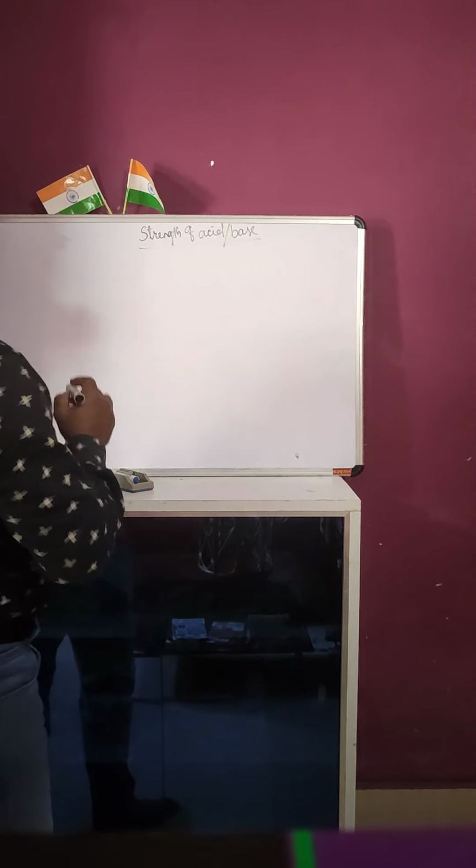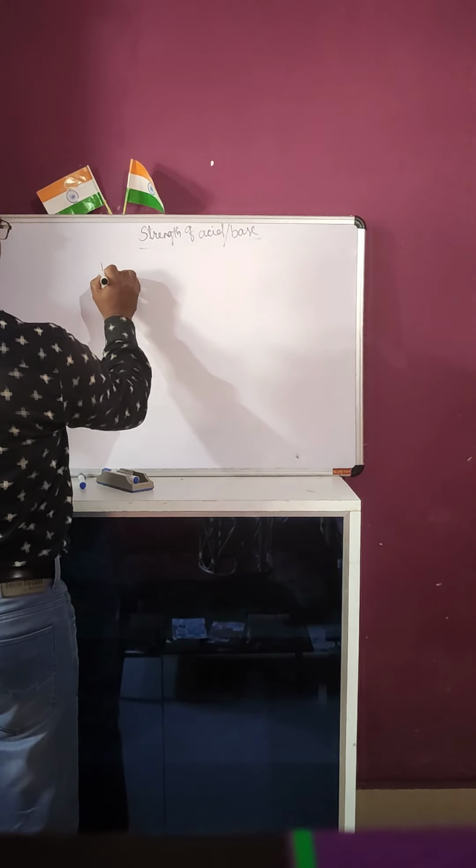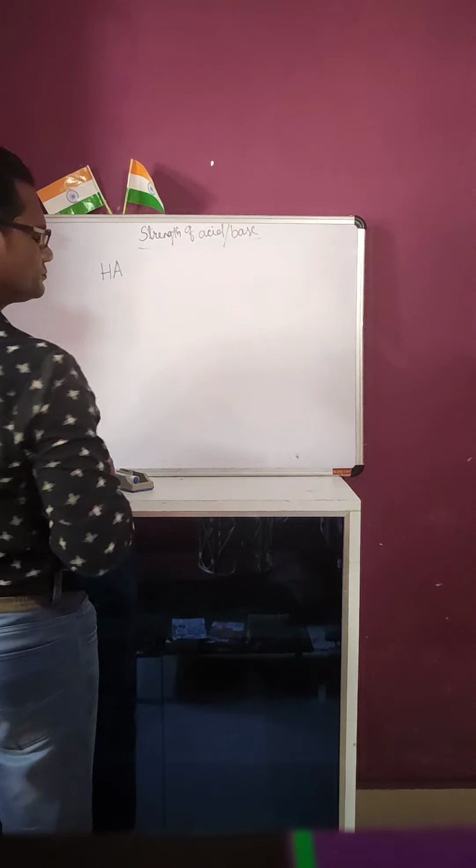Now what is ionization? The fraction of a molecule which gets ionized or formed into ions is called degree of ionization. Okay, so now ionization constant. Let's say an example of an acid, suppose HA is an acid.